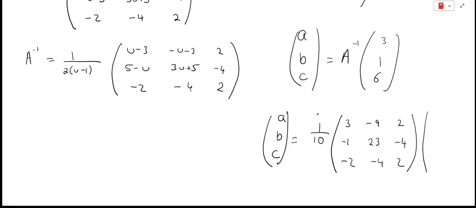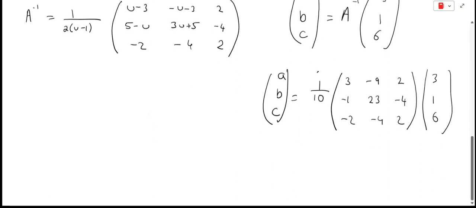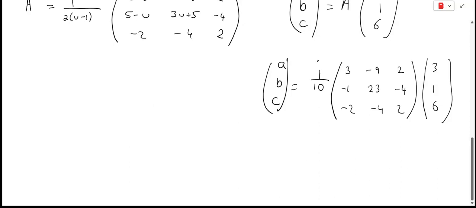And then we've got to times this by (3, 1, 6). And so we do 3 times 3, then we do minus 9 times 1, and then we do 2 times 6.